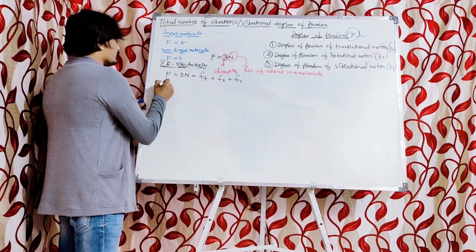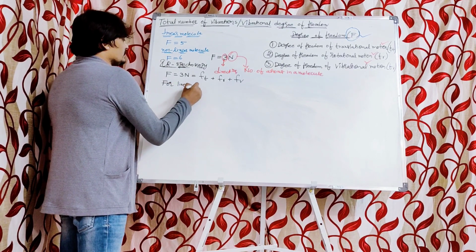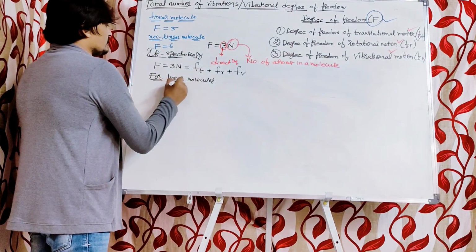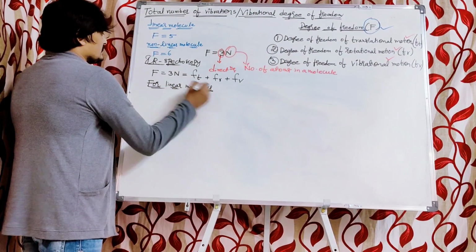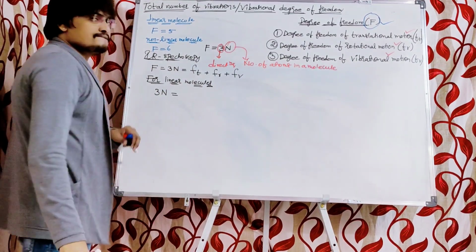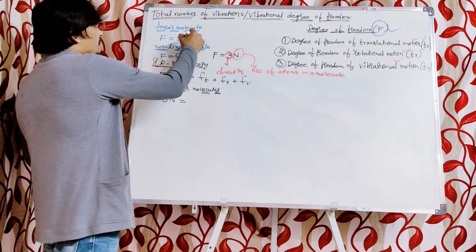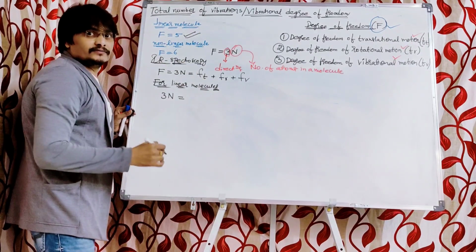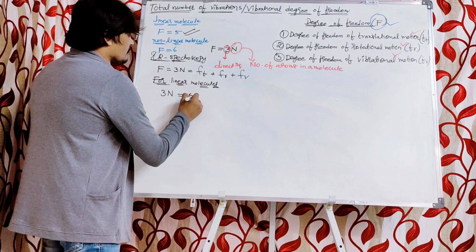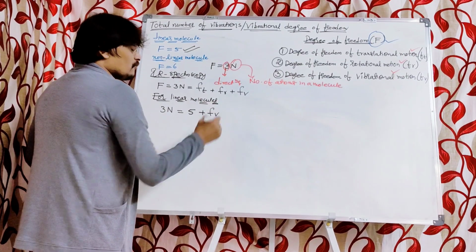Now for linear molecules, friends. F is equal to 3n equals, for linear molecules, Ft plus Fr, which was 5, plus Fv. What do we want?